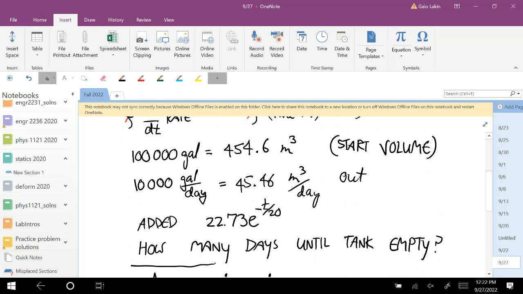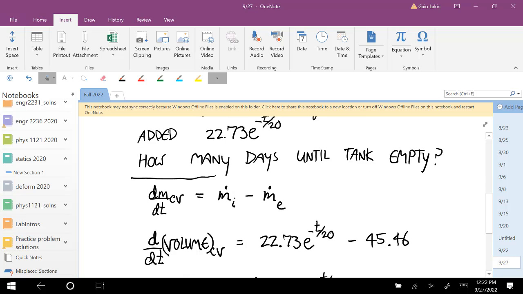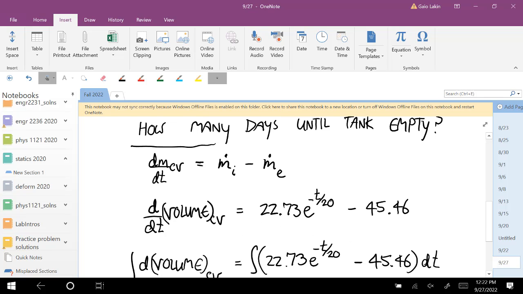Okay, so the change in the mass is equal to the rate of mass coming in minus the rate of mass going out, and we're doing it all by volume.